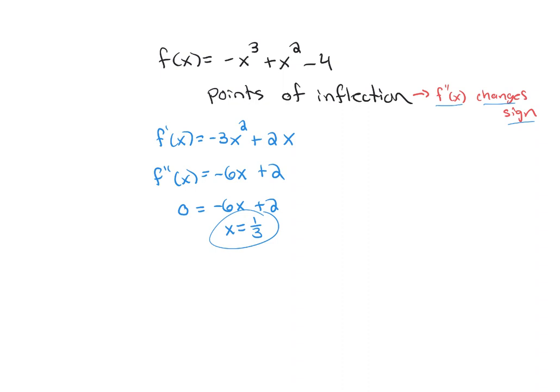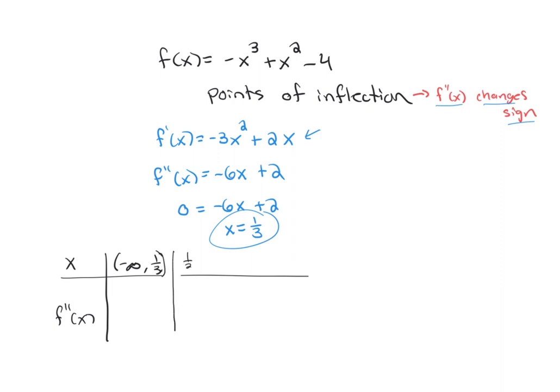So that's a critical point on the derivative. This is the point where it's going to change signs, but I want to do a sign table just to give us a visual. So intervals: negative infinity to 1/3, and 1/3 to infinity.